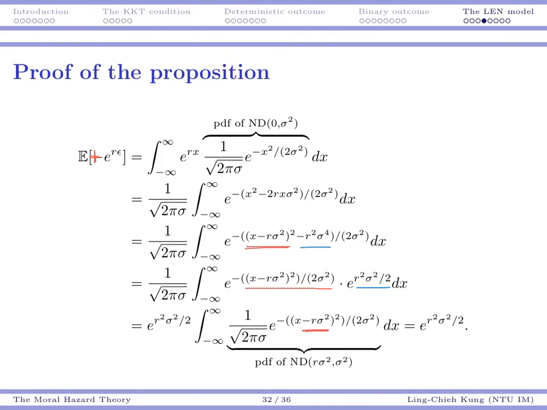If you check the PDF of a normal random variable, you can verify that this is true, that is true. So that's good. And the best thing is that once this is a PDF of a normal random variable, then the whole term here would just be 1, because that's probability theory. Then all you have is the remaining thing here. That's the end of the proof.